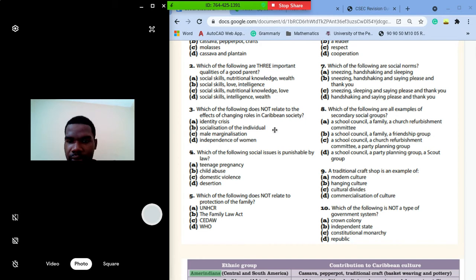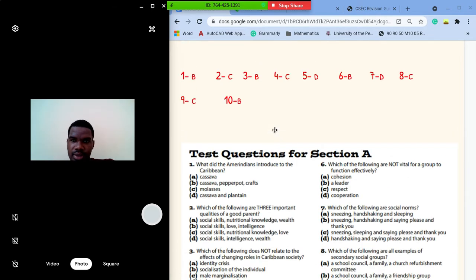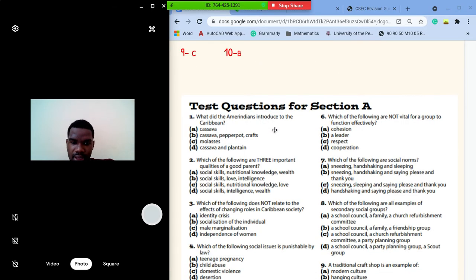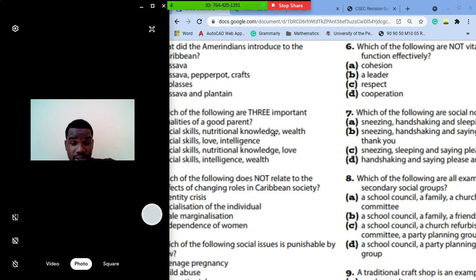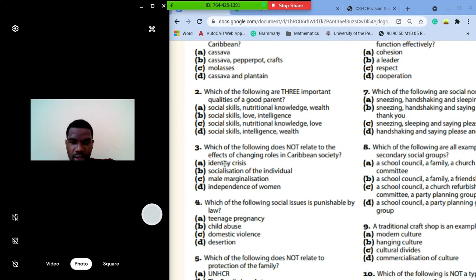Sir? Which of the following does not relate to the effects of changing roles between males and females in the Caribbean society? It does not. Identity crisis. 3, identity crisis. Alright. 3 is B. C. One second. Oh yeah, it's A. My bad. It's A. So what does identity crisis mean in the first place?